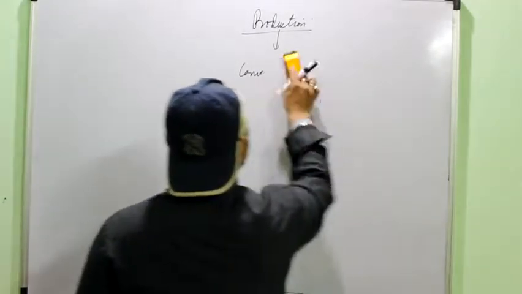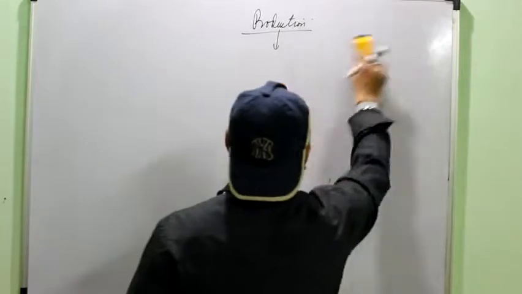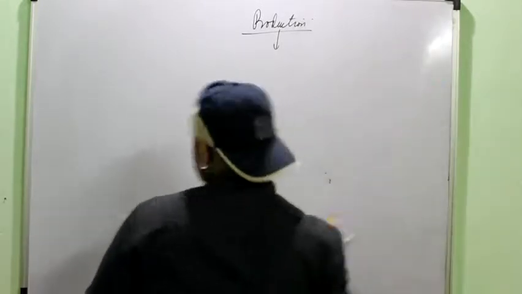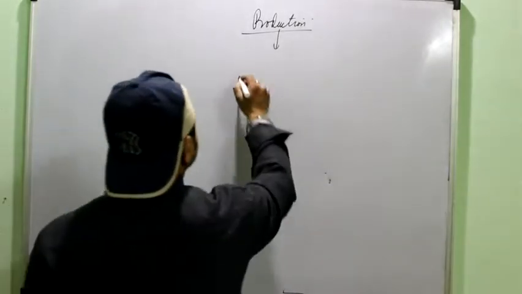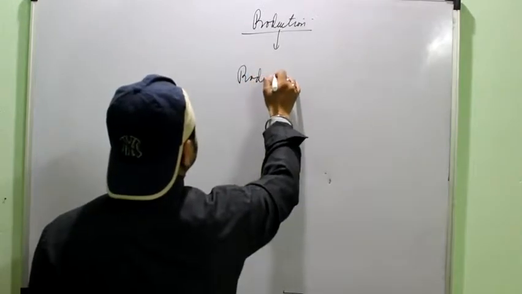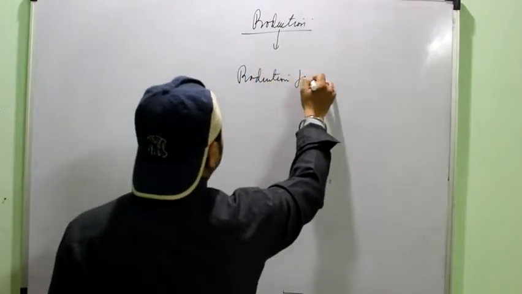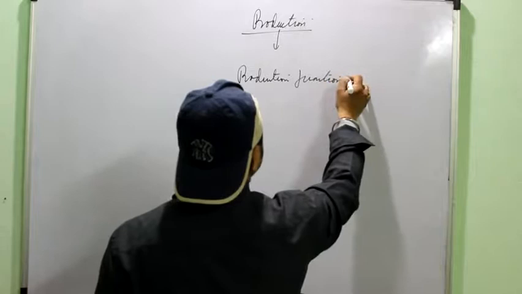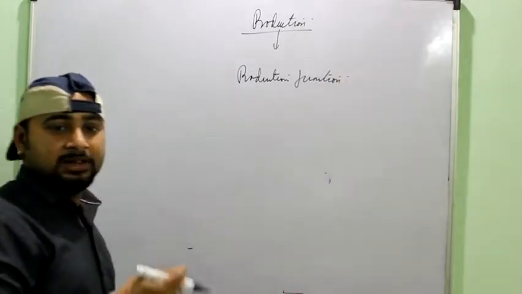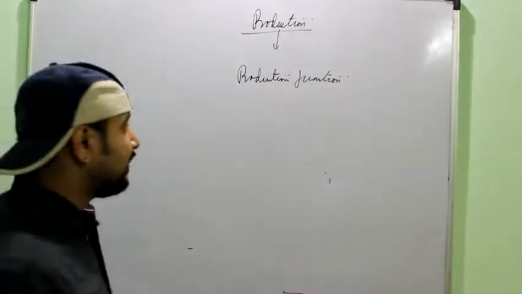Now see, when we talk about the production, we have to understand what is production function. Like already discussed what function means. The functional relationship between the particular variable and its determinants, right?